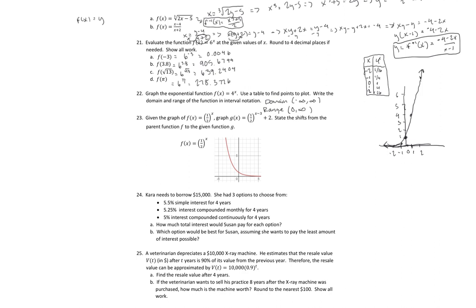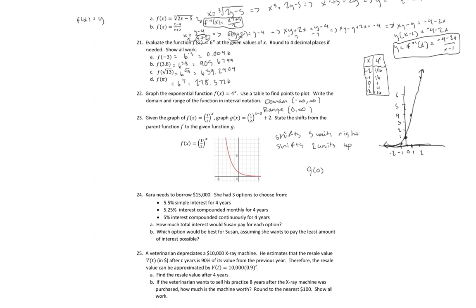If we remember how shifts work, this means it shifts 3 units right, and then we have this plus 2 being applied to the whole function itself, so it also shifts 2 units up.